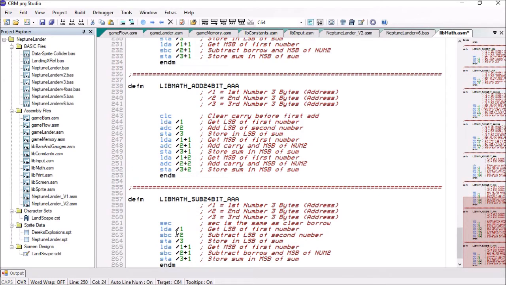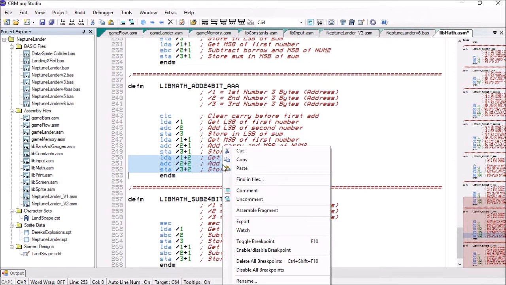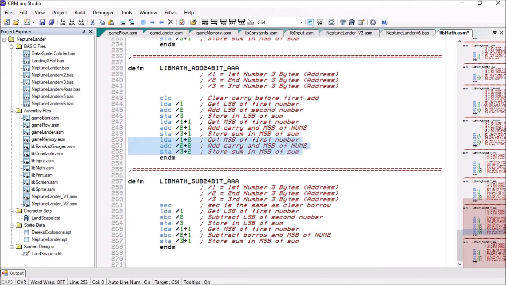So get the most significant byte of the first number. Well, this is... Yeah, I suppose we can use the same words. It's effectively the same. So we'll do this for here.